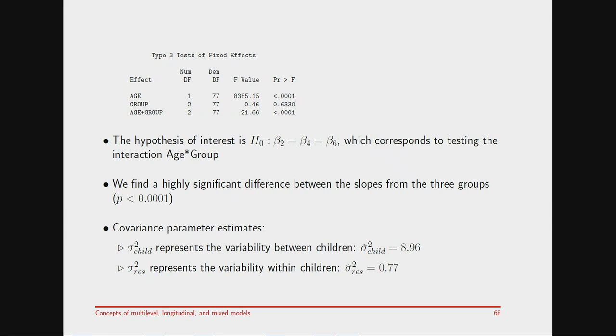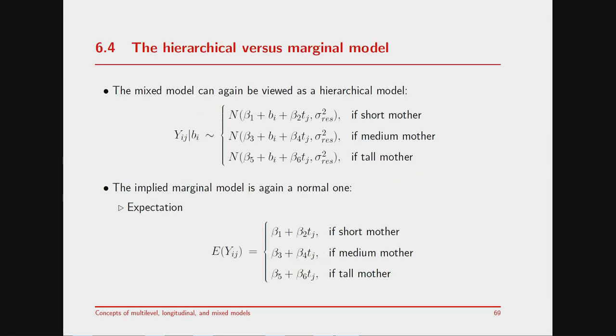So based on this analysis, we can conclude that there is evidence to believe that the rate of change is not the same in the 3 different groups. And the growth is then related to the height of the mothers. That's what we find here. So a highly significant difference between the slopes. Covariance parameter estimates, we have discussed them already.